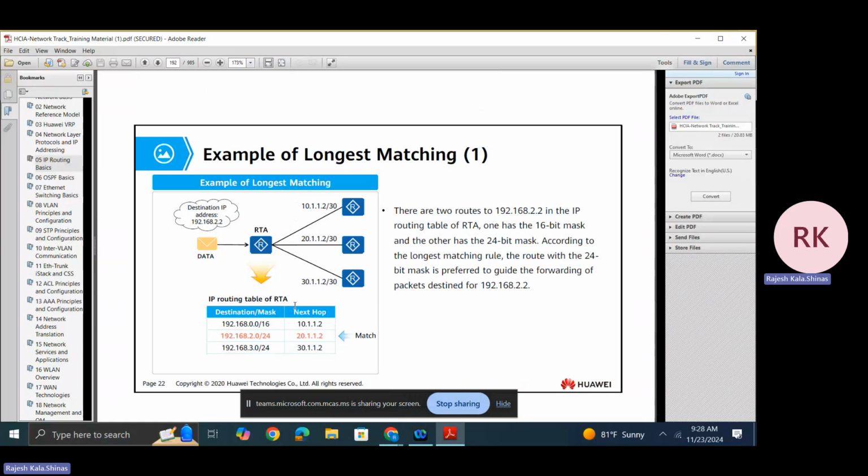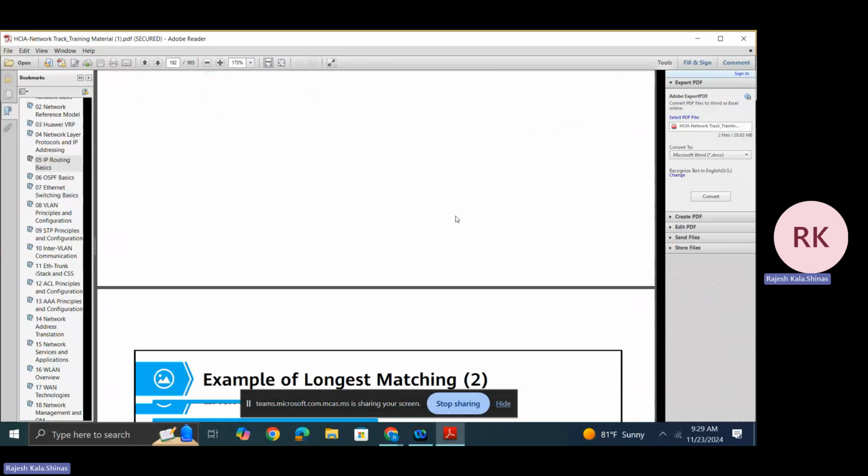A /24 means the network bits will be the first three octets. So 192 is common in all, 168 is common to all. Now the remaining third octet: this is 0, not matching. This is 2, matching. This is 3, no matching. So this is the only network I can choose to send the packet to this destination from RTA. Clear what I'm telling?